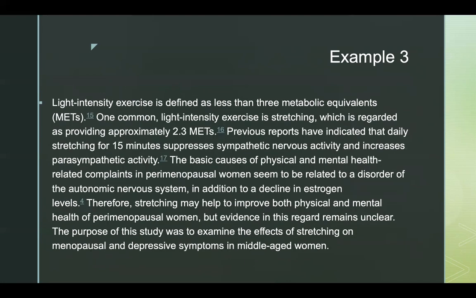And then the third paragraph, now we're going to talk more about light intensity exercise, remembering that's low intensity, right? This is how it's defined, and this is the research about it. And so they're saying the basic causes seem to be related to the autonomic nervous system, in addition to declining estrogen levels. Therefore, what they've seen earlier in light intensity exercise might help.